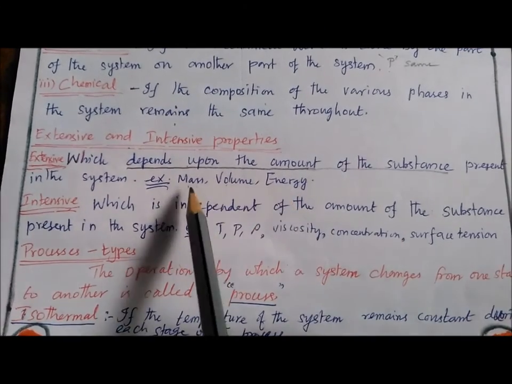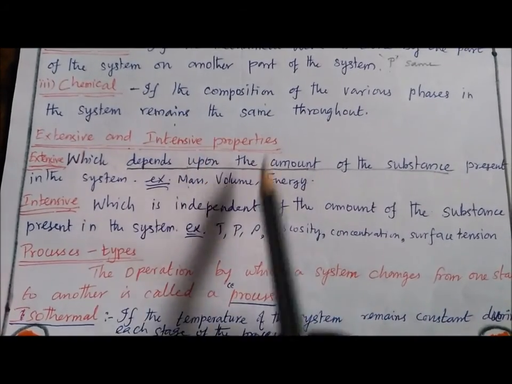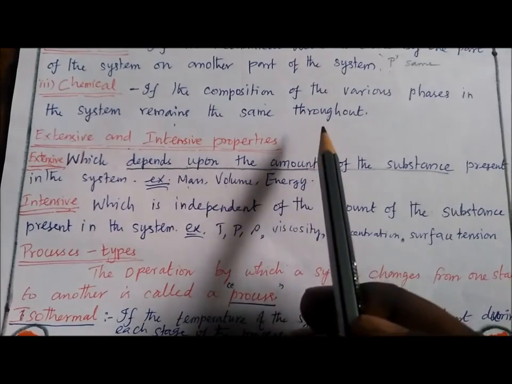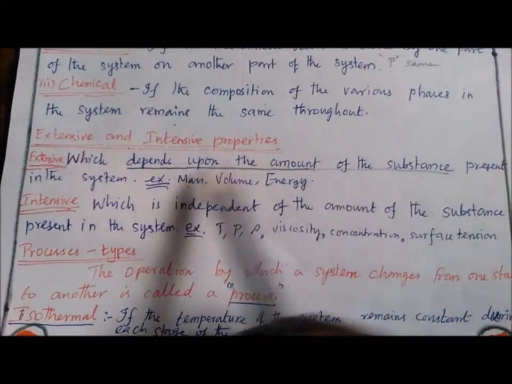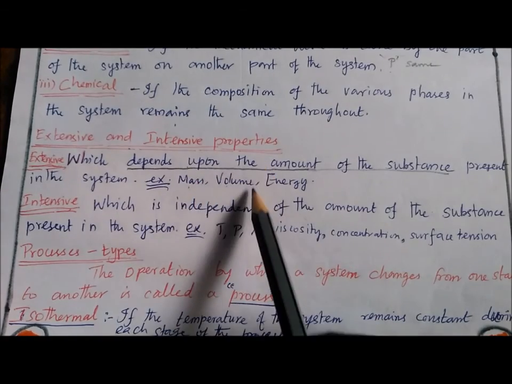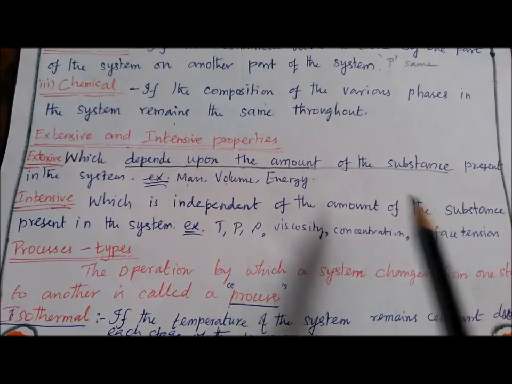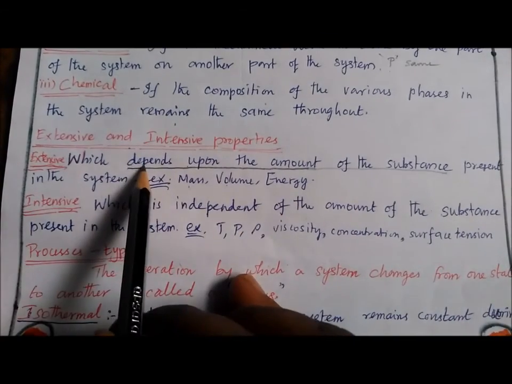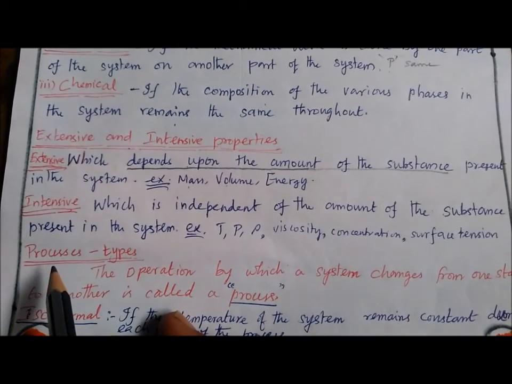Likewise, if we increase the amount of the substance, the mass will increase, the volume will increase, the energy will increase. If we decrease the amount of the substance, that will decrease the mass, the volume, and the energy. These properties which depend upon the amount of the substance are called extensive properties.